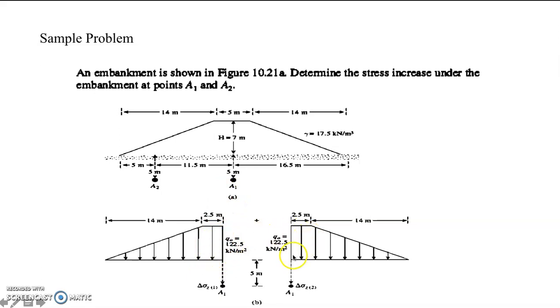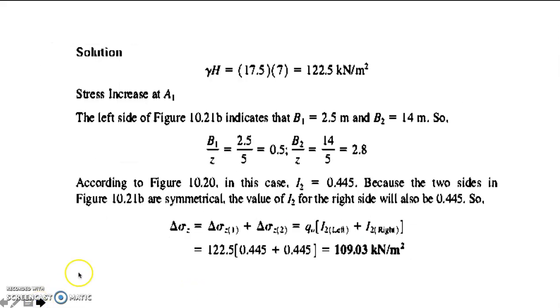Since this is symmetrical, whatever the value is on the left side of A sub 1 is similar to the value on the right side of A sub 1. Meaning to say, on the right side of A sub 1, I sub 2 is also 0.445. And you simply have to sum up the value for the two.